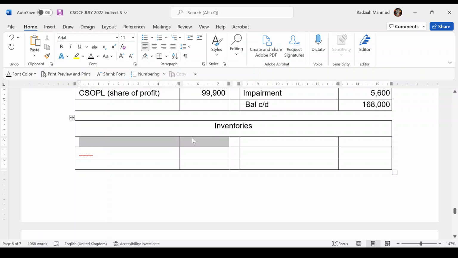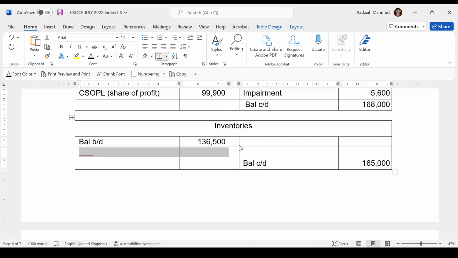We have balance BD, and then balance CD. Inventory has been increased first through the acquisition of subsidiary, so we have 2000 here. Remember, look at information number 1.